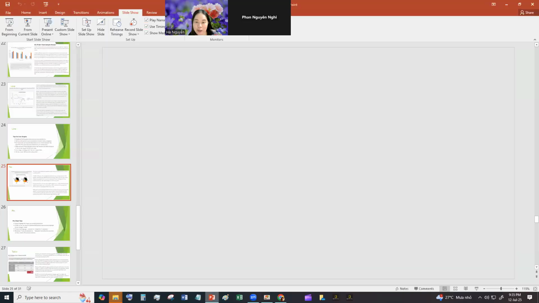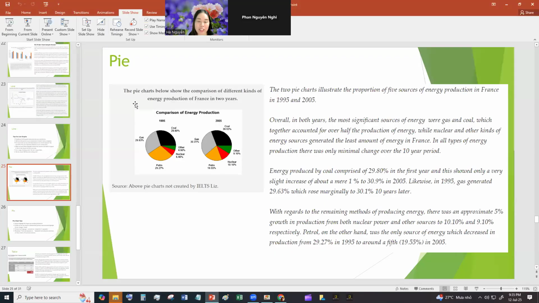Okay, Nghi, so today we've looked at pie chart description. For pie charts, normally we'll have around 2 or 3 pie charts because with one pie chart, there won't be enough information, right? So we've looked at a sample answer. Remember that it follows the standard structure of introduction, overview, and body paragraphs. Also, you must use verbs and nouns flexibly to describe the data, the percentages.